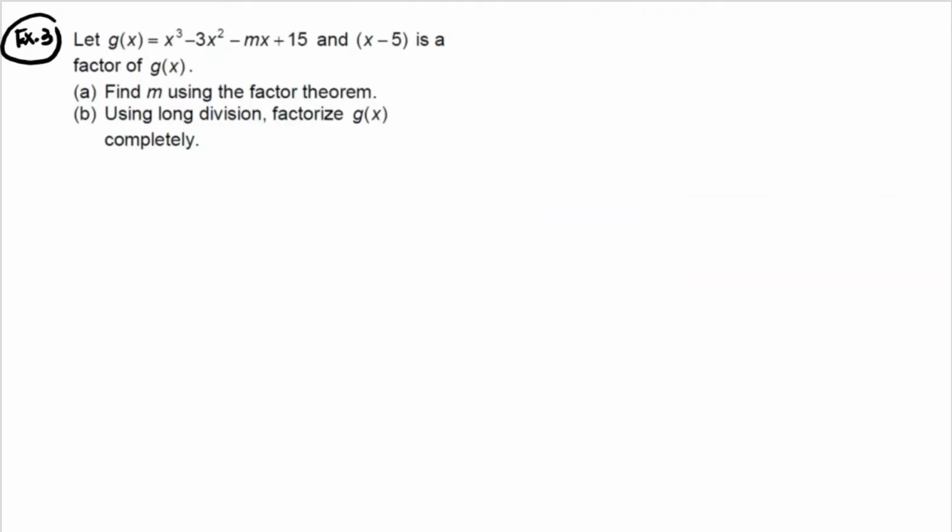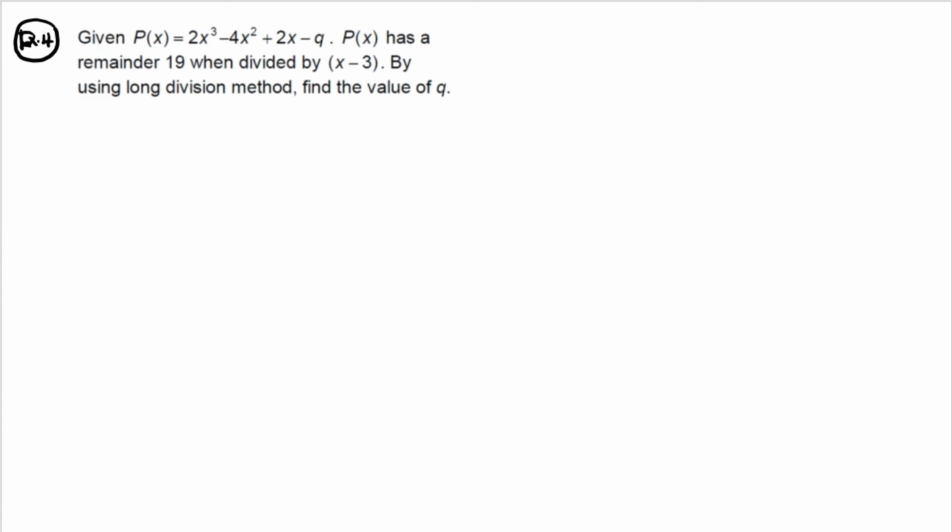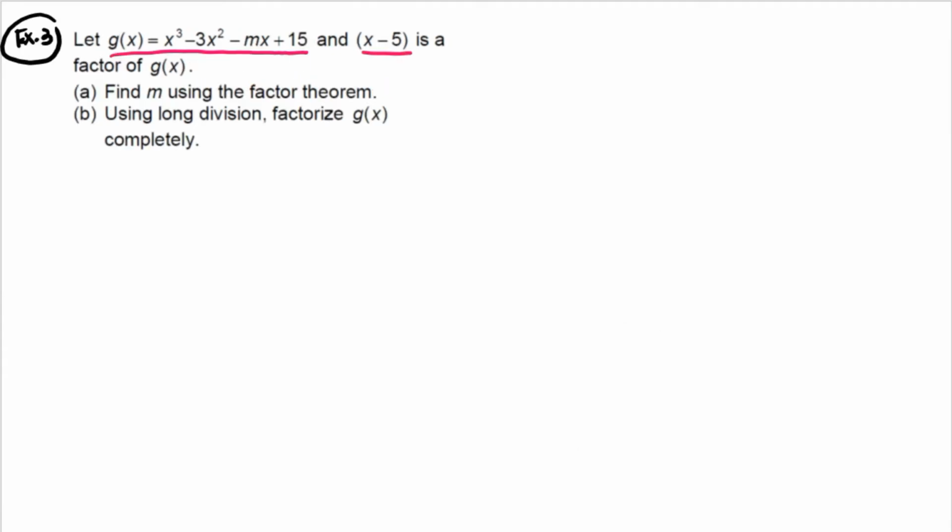Now, suppose we have example 3 here. Let's read the question. We have the function here, which is a polynomial, and x minus 5 is a factor of g. So find m using the factor theorem.